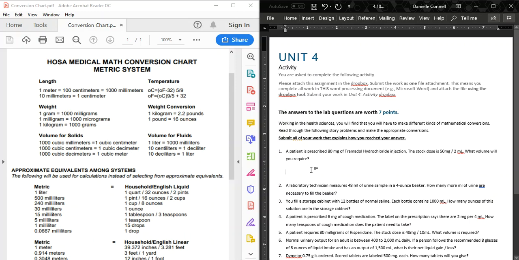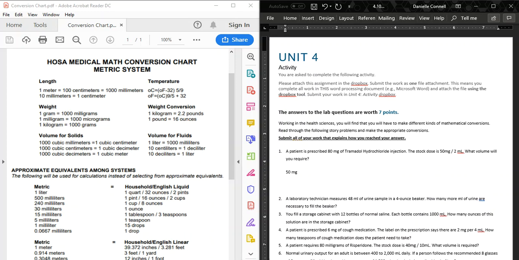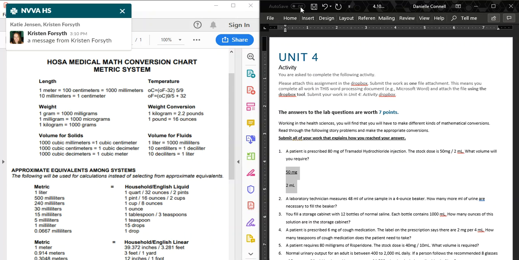So we're going to set up a proportion. We're going to start with what the problem gives us, what we already know. The known values that we have are 50 milligrams over 2 milliliters. I'm going to have to underline, but I hope you can follow along that what I mean by the underline is a divided by sign.